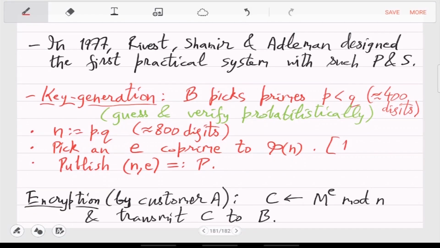So how fast will you be able to do this? Yes, so I should have given the parameters. So e is between 1 and phi n.